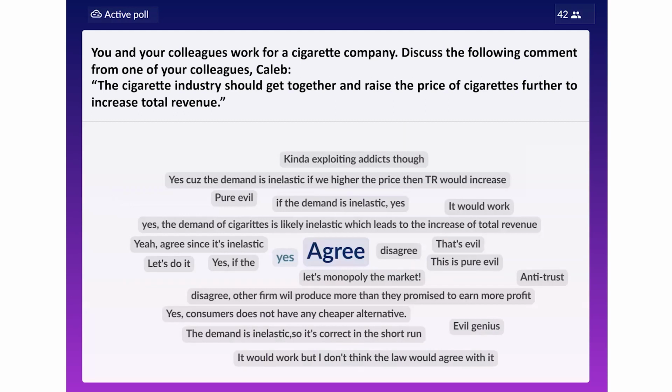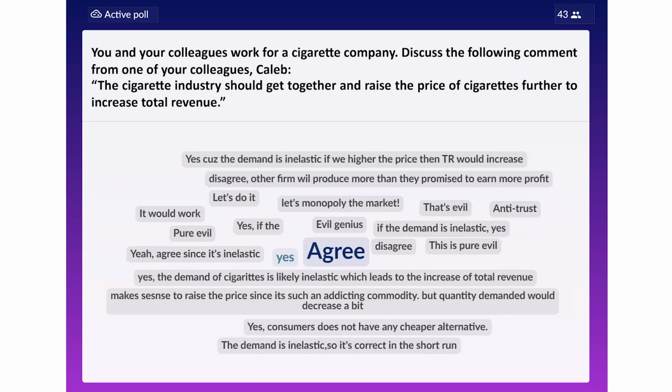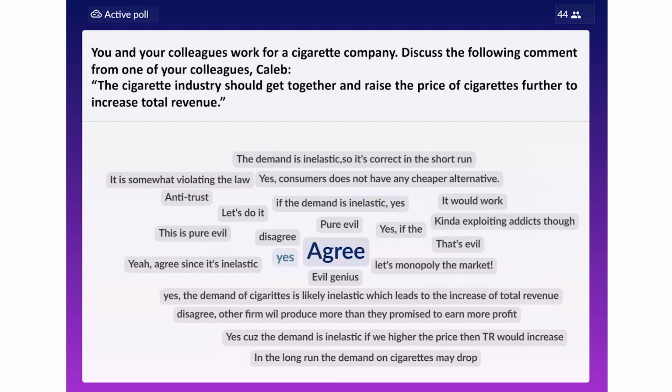One thing I do want to say is that if an industry gets together to raise the price together, that's called price fixing. We'll talk about collusion when we get to the chapter on oligopoly, but in most countries, price fixing is illegal. This form of explicitly saying, hey, let's all raise the price by this amount, that is illegal.